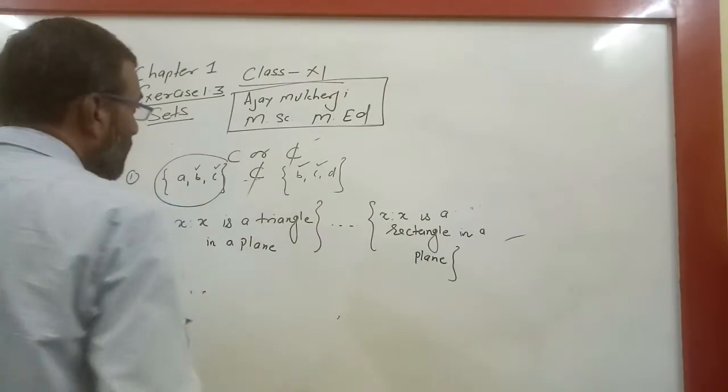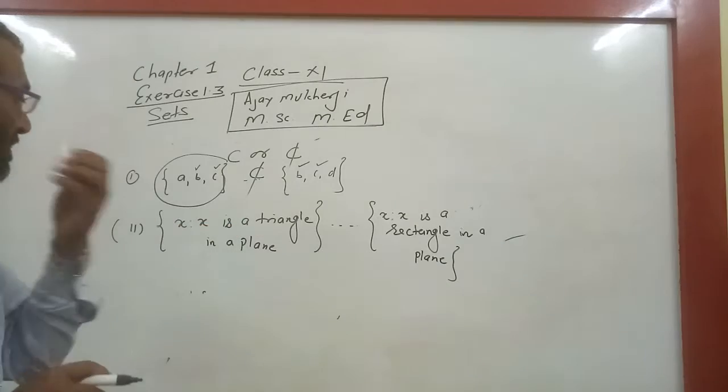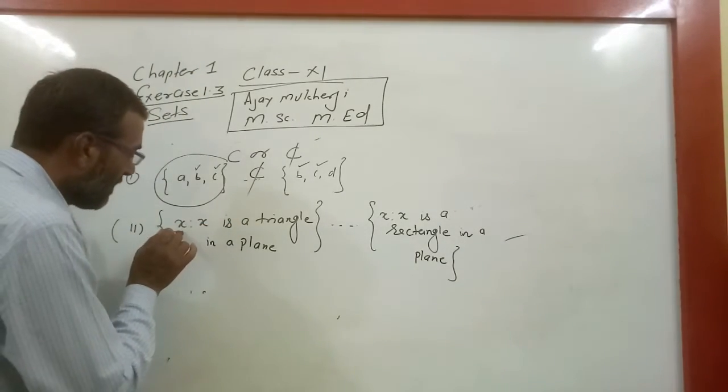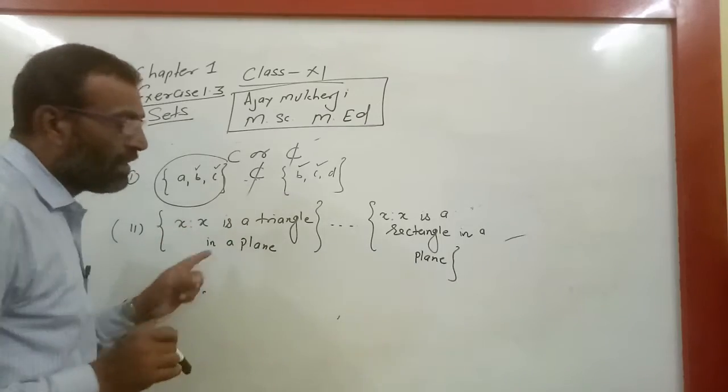So the question is again whether it is contained in or not contained in. A is the set of all x such that x is a triangle in the plane, and here B is the set of x such that x is a rectangle in the plane.